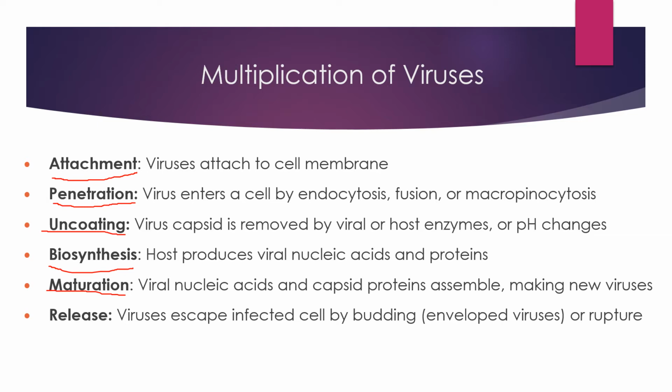The new viral progeny are eventually released either by budding from the host cell, as happens with enveloped viruses, or by rupturing the host cell, spilling progeny viruses into the environment where they may go on to infect other cells.